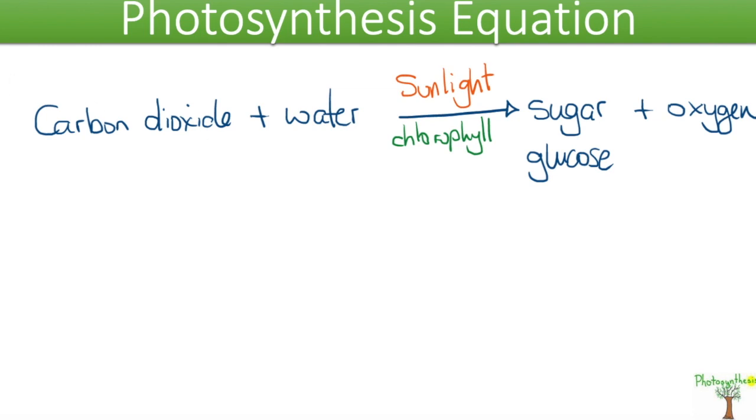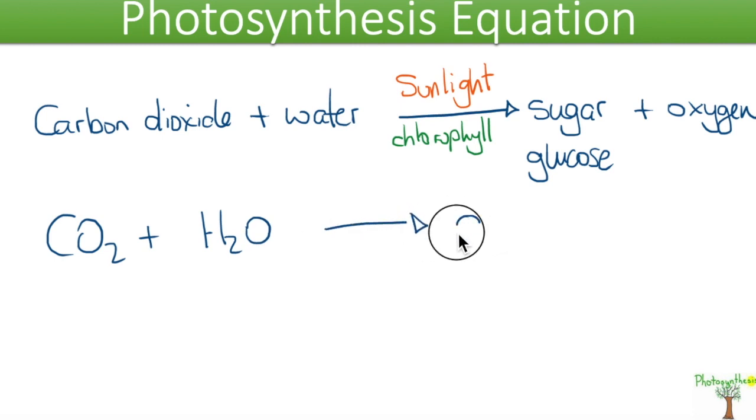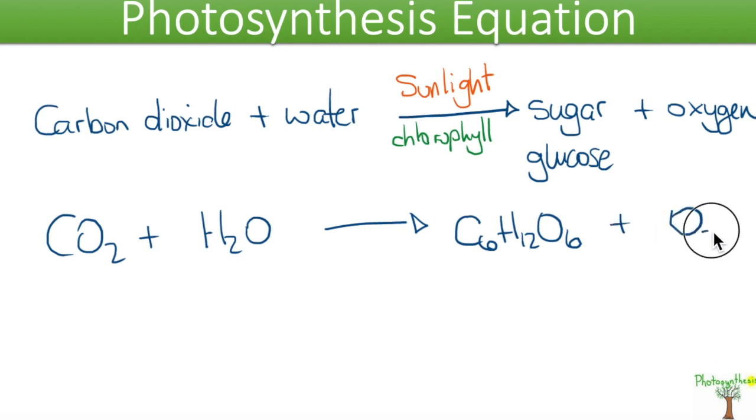Okay, so that's our word equation, but we need to be able to say it in molecules. So CO2, carbon dioxide, plus water, H2O, gives us glucose, which is C6H12O6, and oxygen, O2.